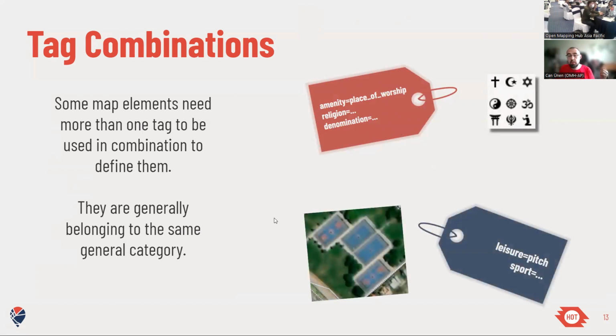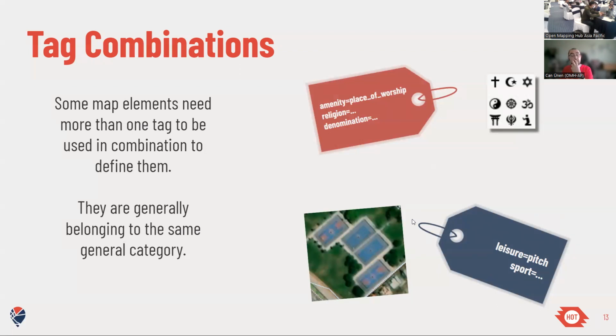Like sports pitches. You can have a tennis court, you can have a basketball field, etc. All of them are leisure equals pitch. If they're open to access, open sports fields, etc., it is leisure equals pitch. Also a football field, football, soccer, etc. It is a sports pitch, but you're also supposed to add another tag describing which sport it belongs to.